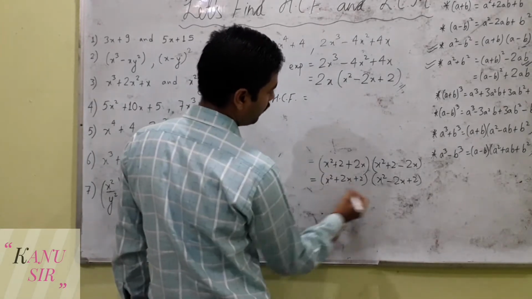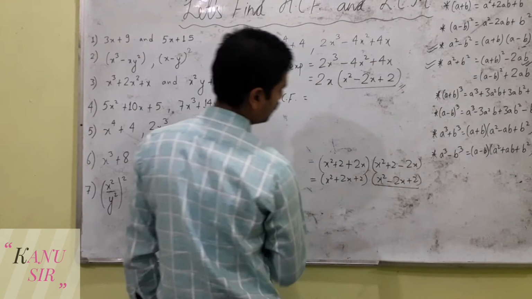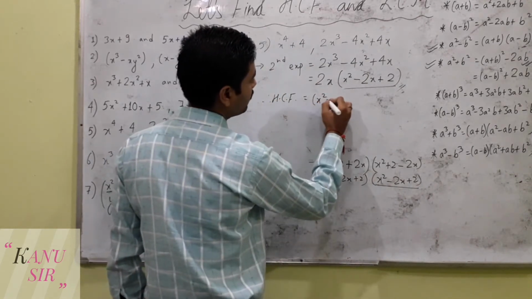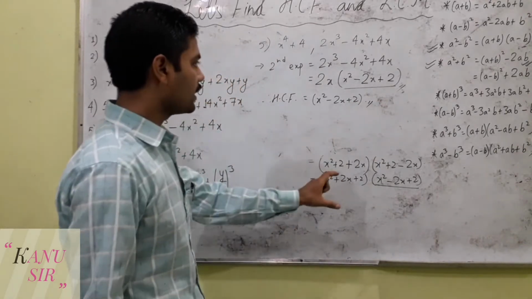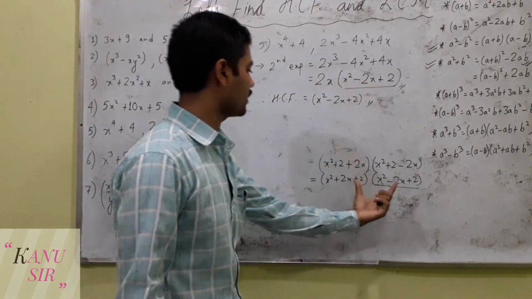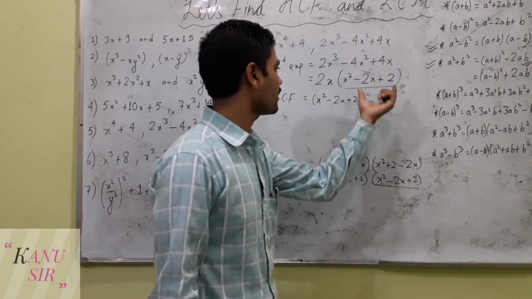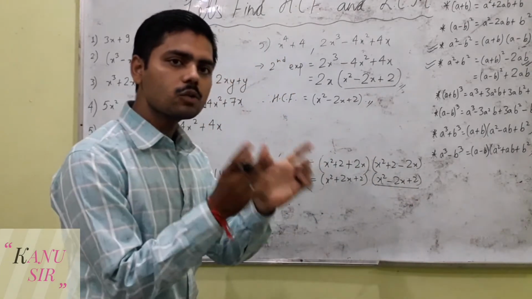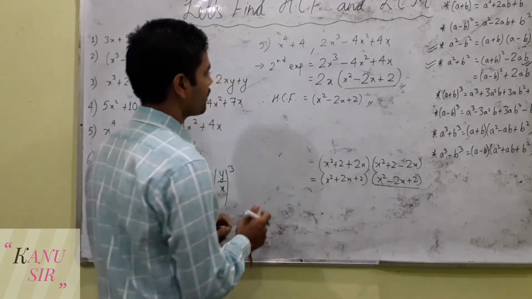Now the common in both is x square minus 2x plus 2, so we will write x square minus 2x plus 2 as HCF. And one more hint that we have to stop here, because we are matching with the solution of the first expression. So by that also you can conclude we cannot break this expression any more.